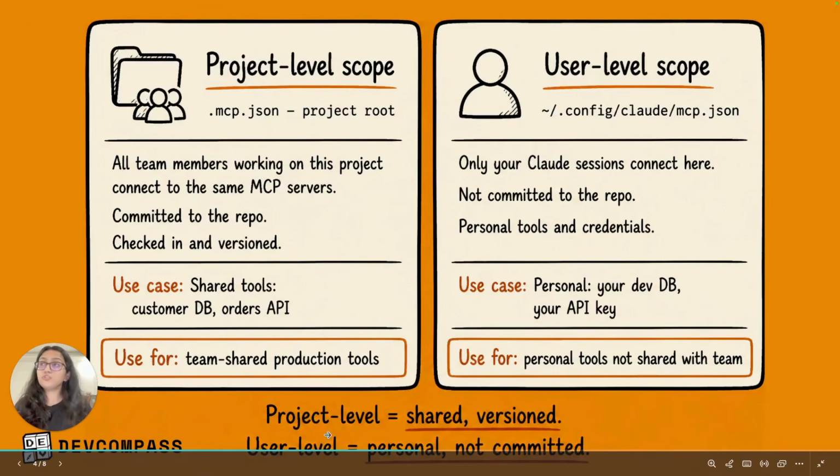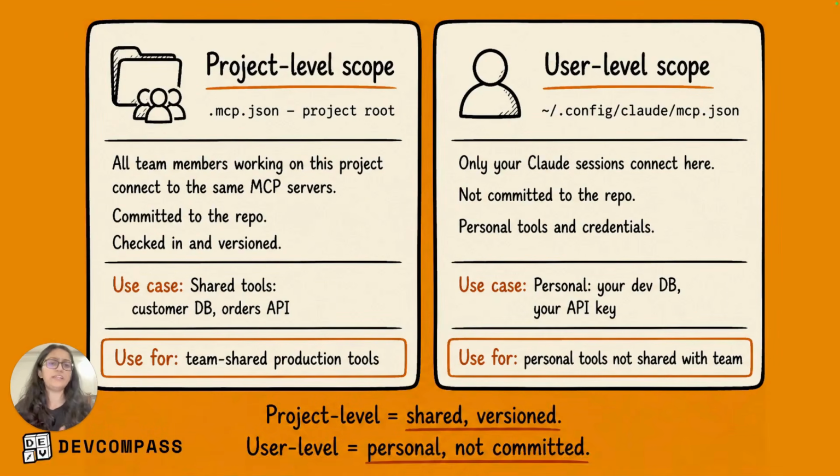Now, the 2 configuration concepts the exam might specifically test are project level scope and user level scope. Okay, so the config file is .mcp.json and it lives in the project root. It is checked into the repository.